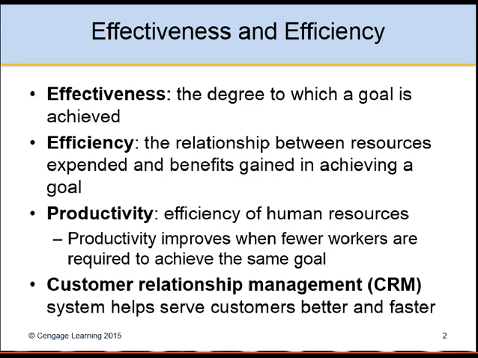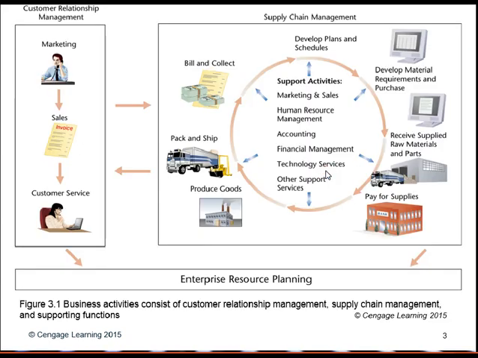Often customer relationship management systems are combined with supply chain management systems, also known as SCM, to create an enterprise resource planning system, an ERP. And here we see supply chain management and customer relationship management all being integrated through a foundation of enterprise resource planning.